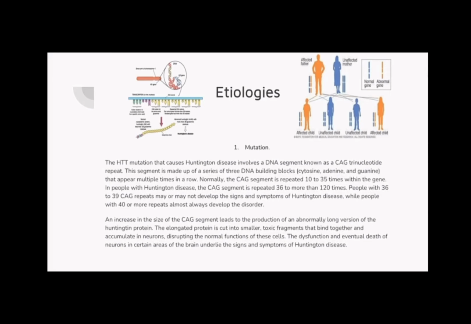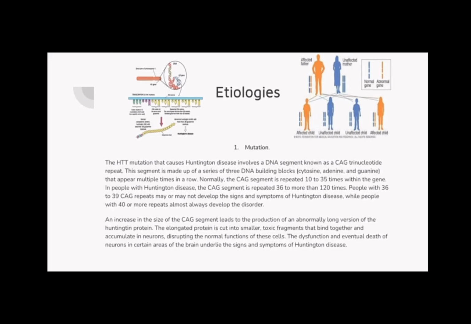The etiologies of HD. Number 1. Mutation. The HTT mutation that causes Huntington disease involves a DNA segment known as a CAG 3-nucleotide repeat. This segment is made up of a series of 3 DNA building blocks, cytosine, adenine, and guanine, that appear multiple times in a row.